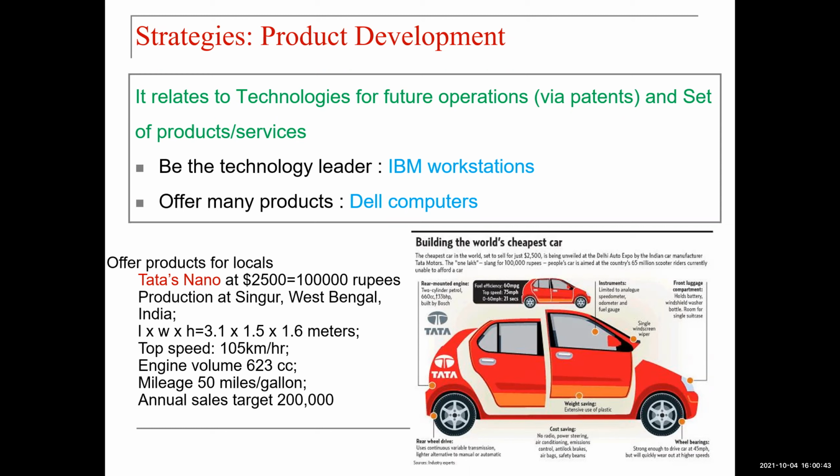We're talking about a car for $2,500 with some specific dimensions, a top speed of 105 kilometers an hour, and a mileage of 50 miles a gallon. Not bad, right? But since it has a specific design, we never saw this car in the United States because it was not meeting some of the requirements in terms of safety and so on. But for that country, understanding the needs of the locals was a competitive advantage in terms of a transportation method.